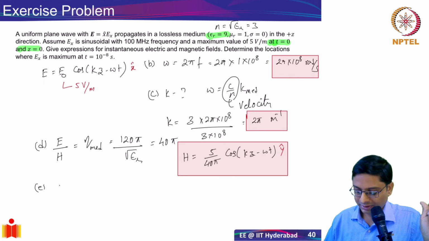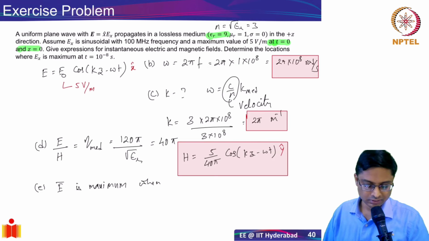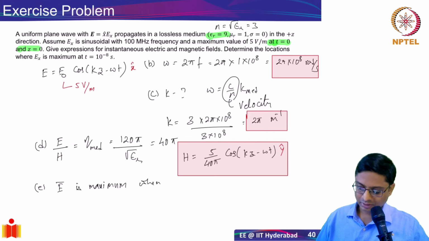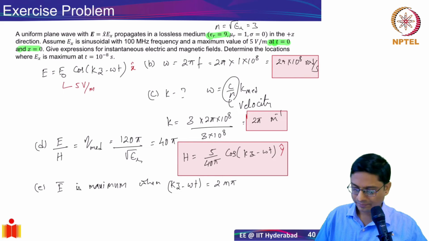So E is maximum when the argument of the cosine, which is simply kz minus omega t, is equal to 2 n pi. I should not call it n, maybe I'll call it m, because n can be confused with the refractive index. So 2 m pi.